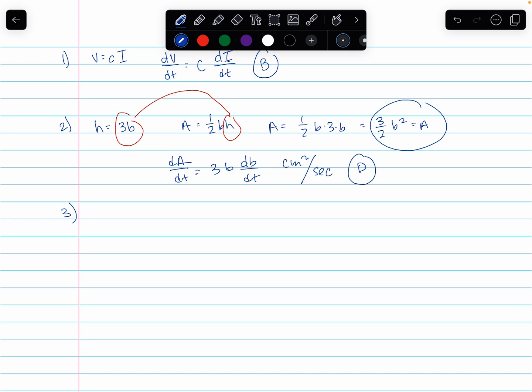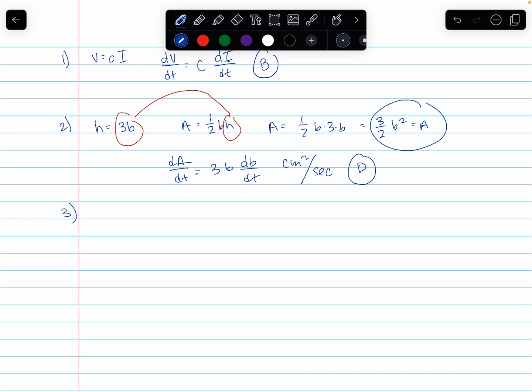A light source L feet from the wall, and the platform casts a lengthening shadow on the wall as the platform rises. At time t seconds, the platform is h feet above the ground, and the height of the shadow is s feet. The quantities are related by the equation 1 over L times (h plus s) equals 1 over p times s, where L and P are constants.